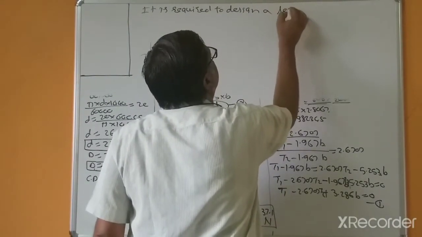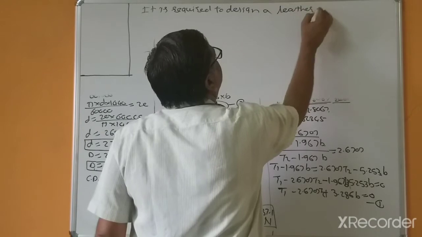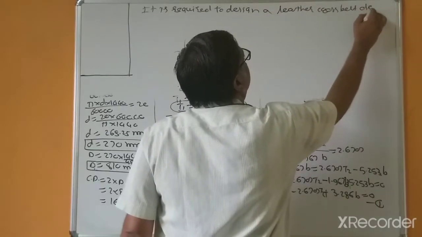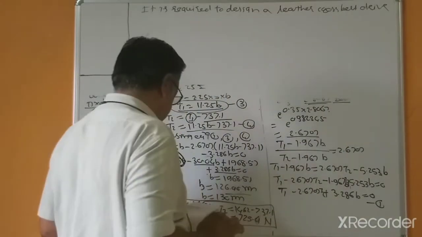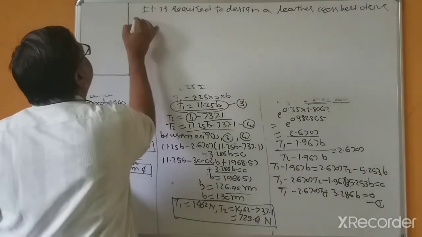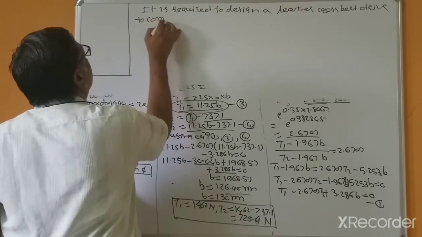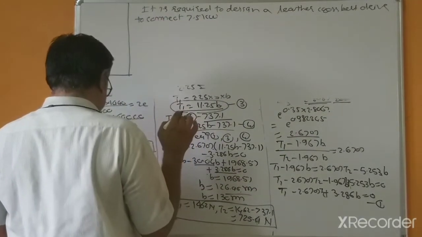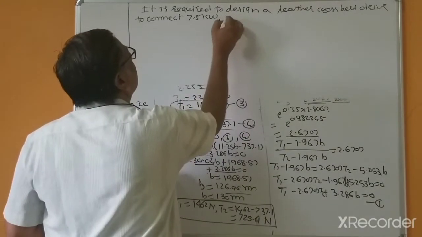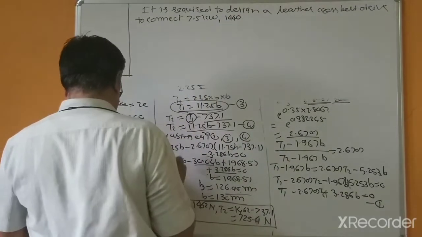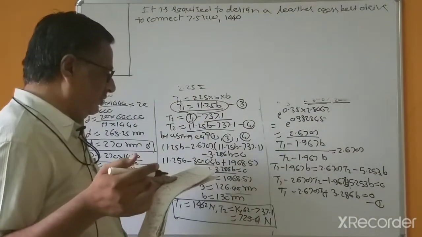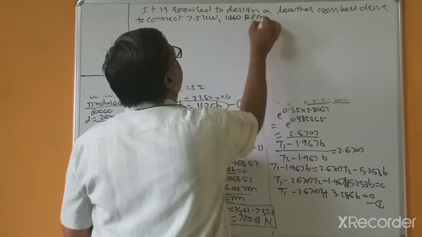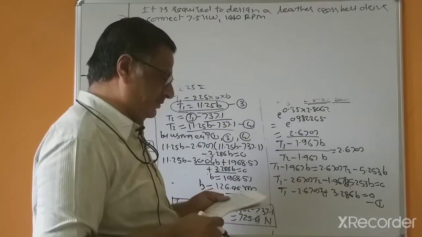Design a leather cross belt drive to connect 7.5 kilowatt, 1440. So in this problem RPM is directly given. In the previous problems, in the figure, RPM was given.